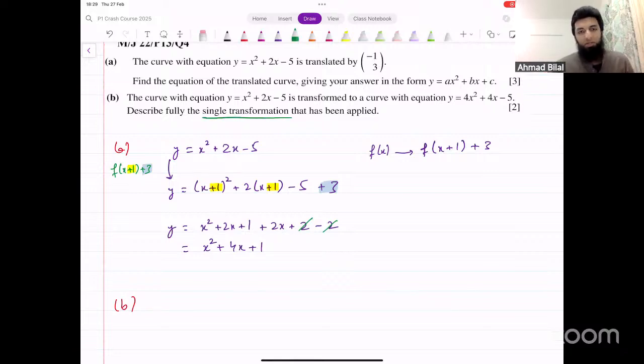They've given you a hint here that there has to be one single transformation. All right. Now, what single transformation takes you from x squared plus 2x minus 5 to 4x squared plus 4x minus 5?